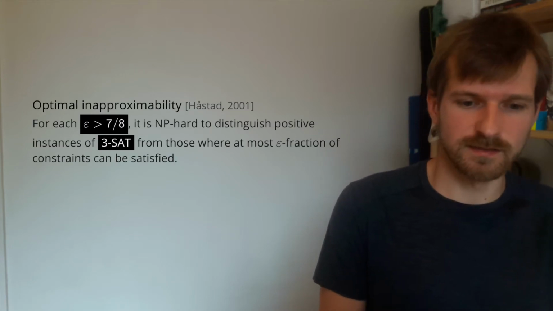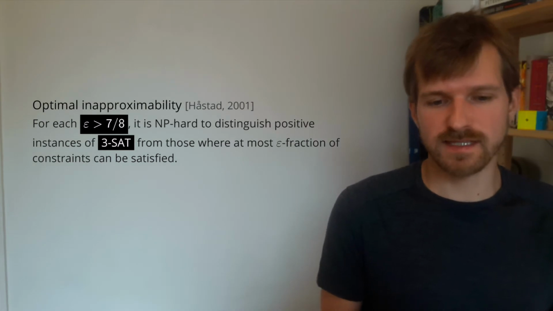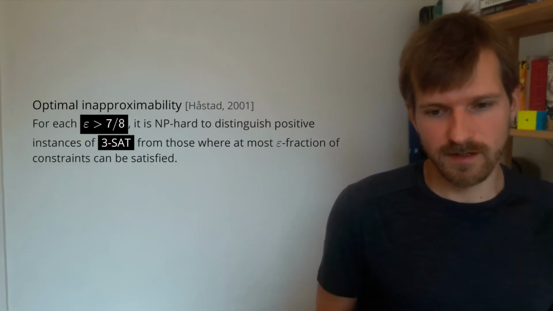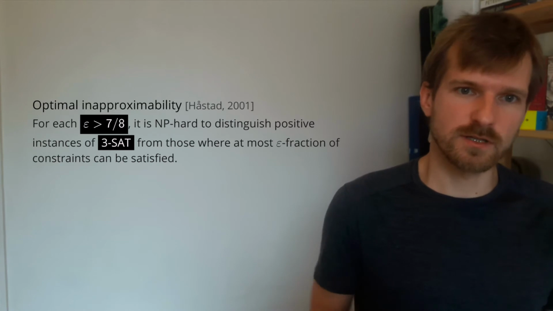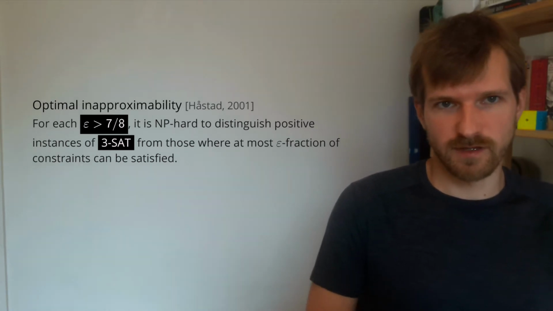This has been exposed in a paper of Håstad from 2001, who provided quite a few optimal inapproximability results about various CSPs. As an example, I put up this result about 3-SAT. So he claims that the result is actually true for any epsilon as long as it's bigger than 7/8.